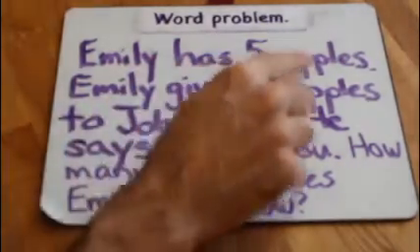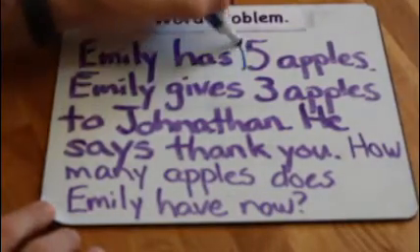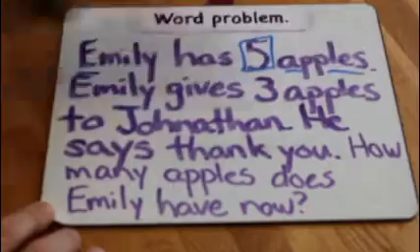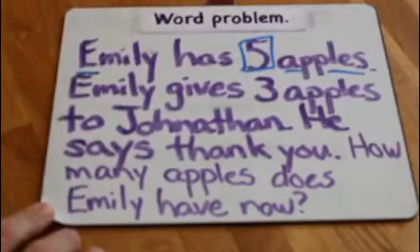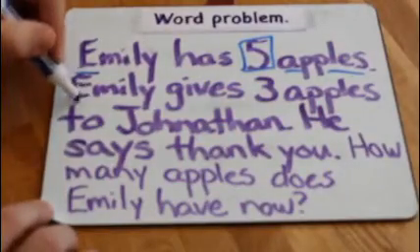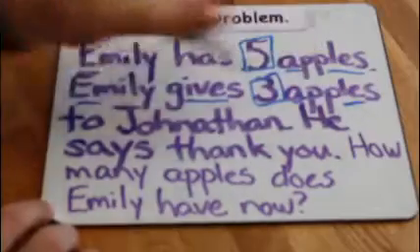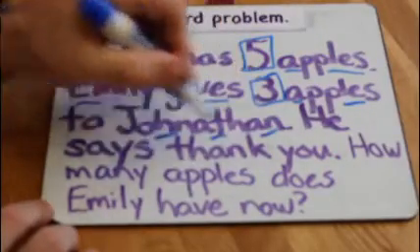Emily has 5 apples. What's important? That Emily has 5 apples. Emily gives 3 apples to Jonathan. What's important? Emily gives 3 apples to Jonathan.